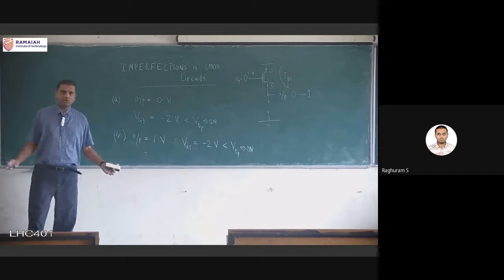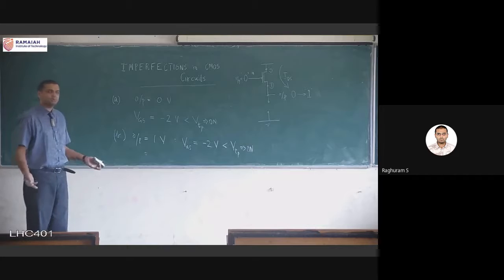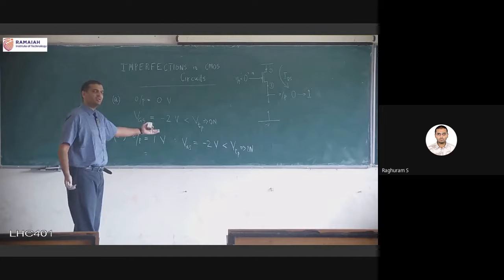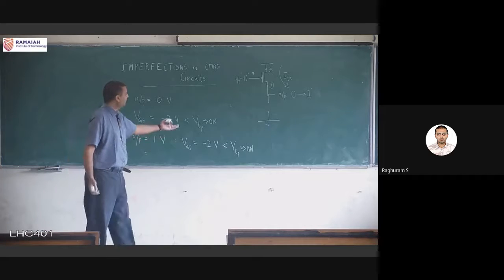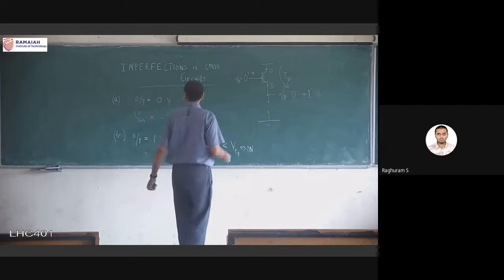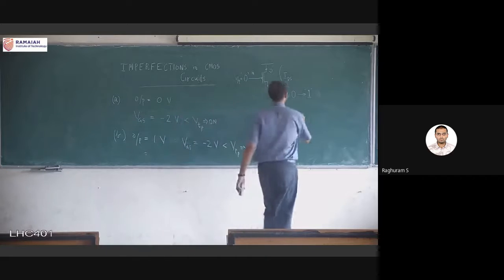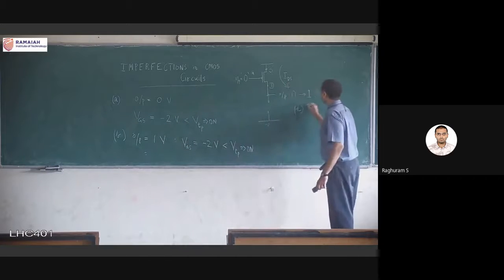No change, drain voltage has gone from 0 to 1 volt, but VGS doesn't change at all. So VGS is still minus 2 volts, it's still lesser than VT. I can continue to operate the transistor, or rather the transistor will continue to be on.